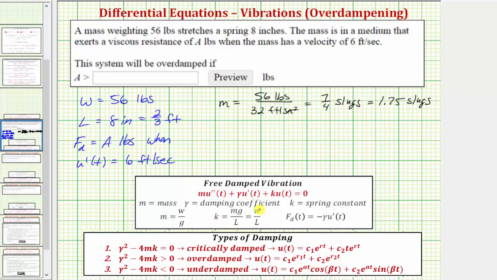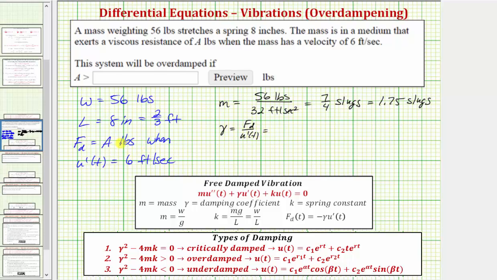Next, we'll find the damping coefficient using this formula here. The damping force is equal to the opposite of the damping coefficient times the velocity. But because the damping force is always in the opposite direction of the velocity, we can actually ignore this negative sign and say that the damping coefficient is equal to the damping force divided by the velocity.